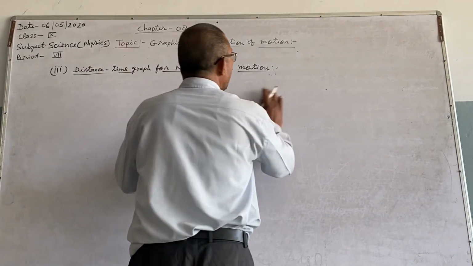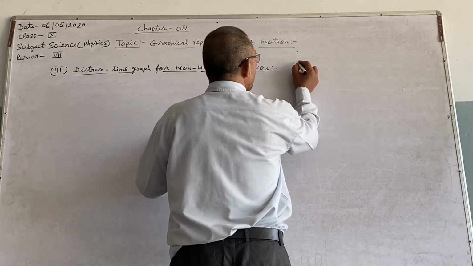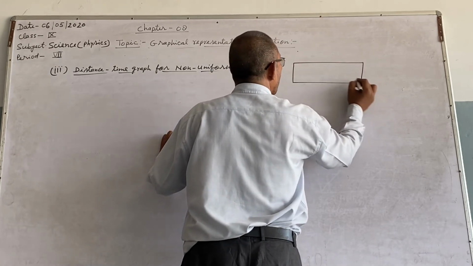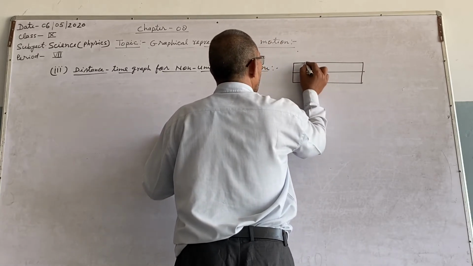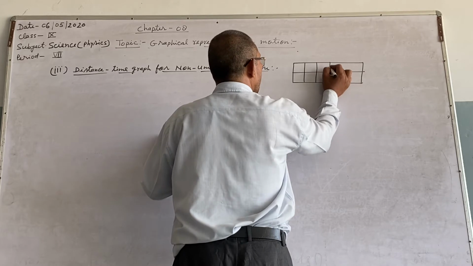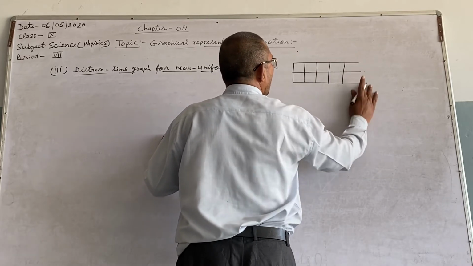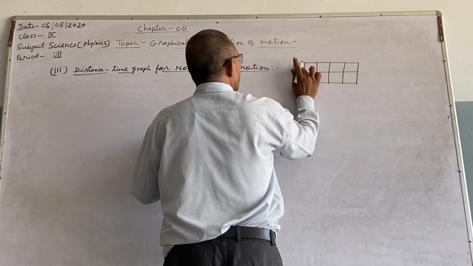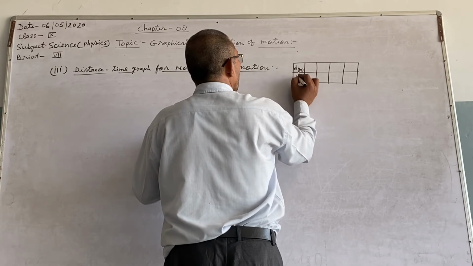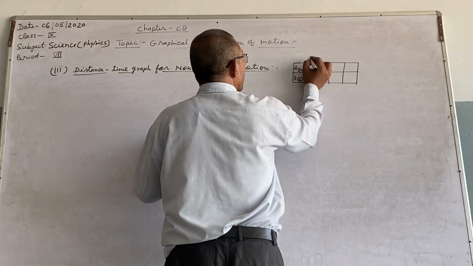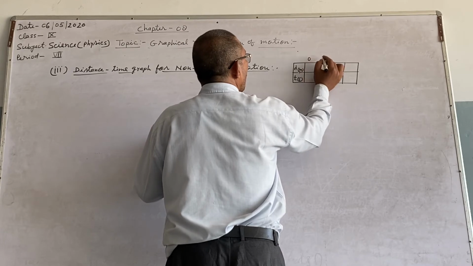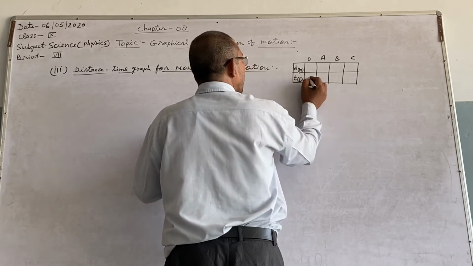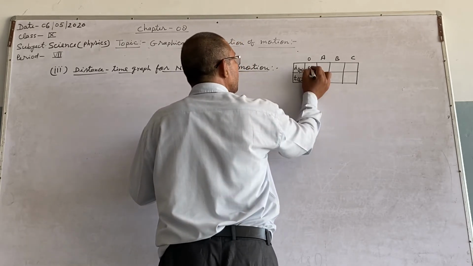So consider a case here. Let a data is given to you. An observation is given in this regard. Distance in meter and time in second. A, B and C. At time t0, let distance is 0.